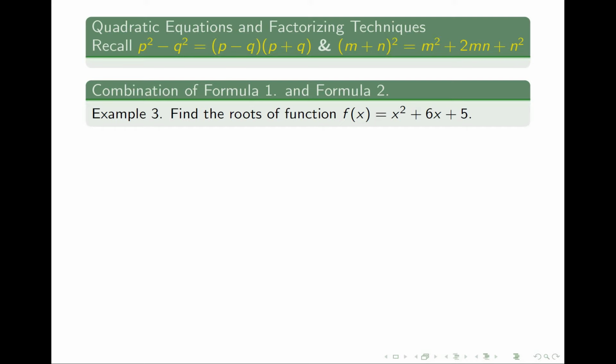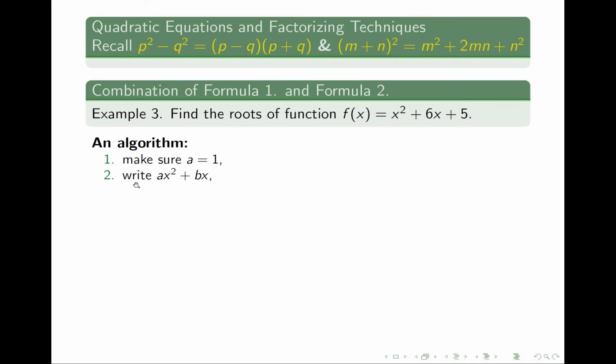So, example 3. In example 3, we would like to find the roots of the function f(x) equals x squared plus 6x plus 5. So we recall our algorithm. We make sure that coefficient a is equal to 1. Yes, 1x squared.